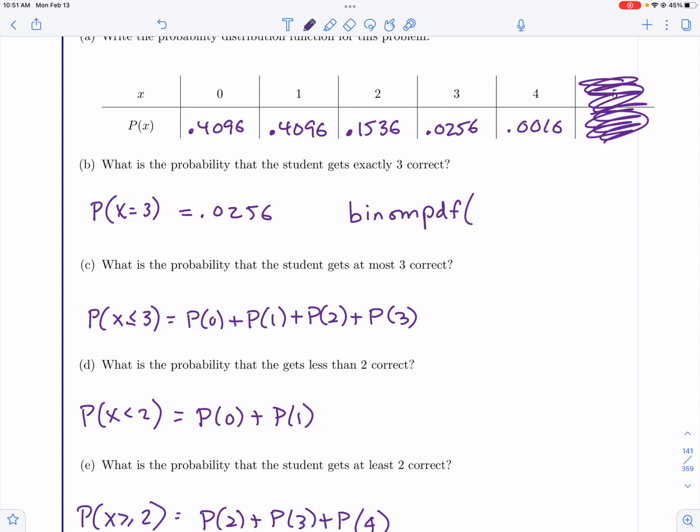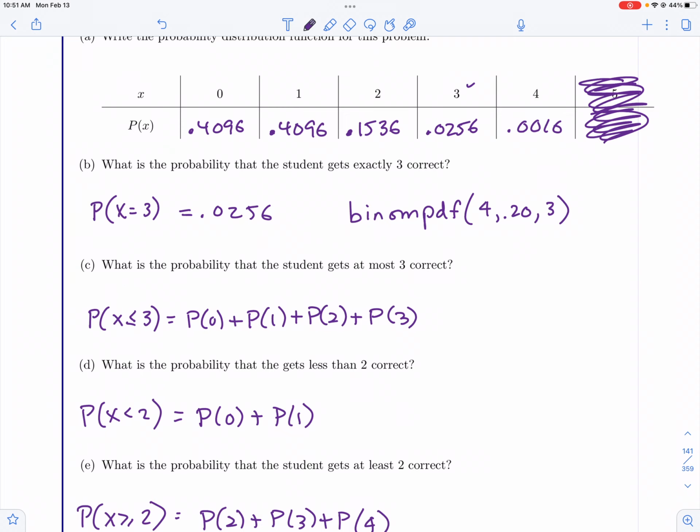Since we've got 4 total questions altogether, our probability of success is 0.2, and we're interested in the number 3, then we could just type that in, and that's how we actually got that value. So we'd recreate that exact same answer for this one.